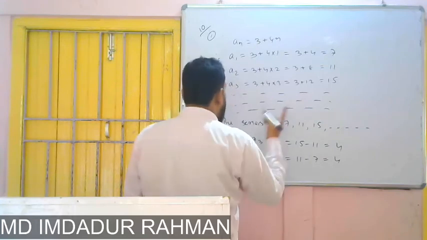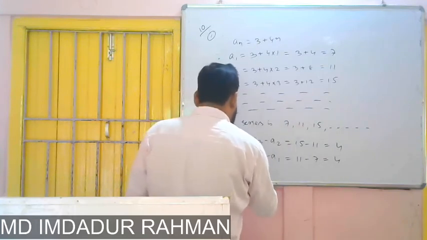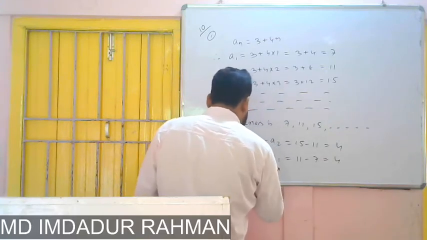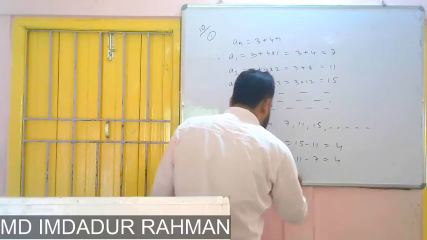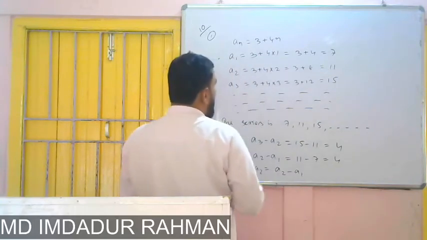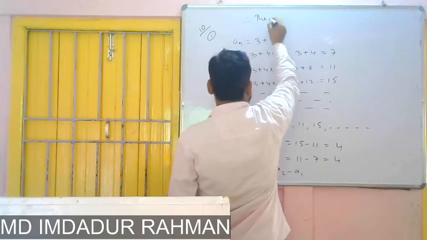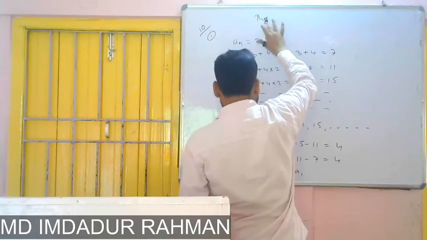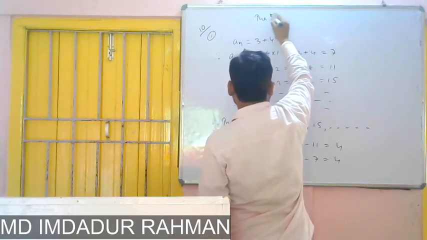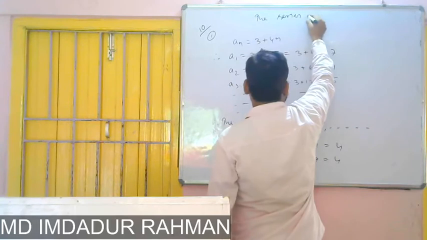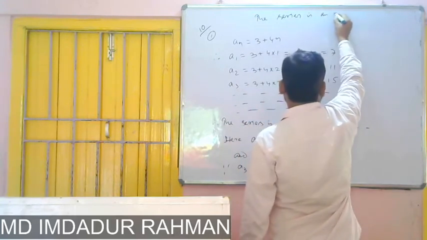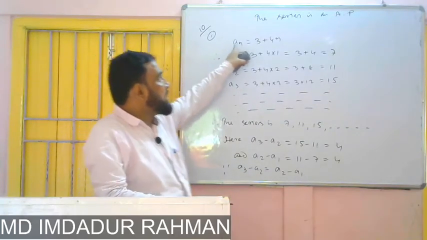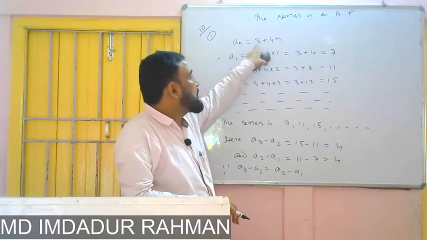Since, like the earlier exercise, a3 minus a2 is equal to a2 minus a1, therefore the series is an AP.